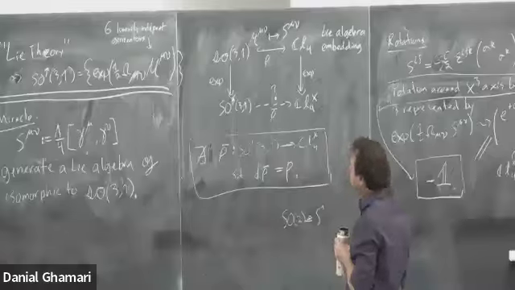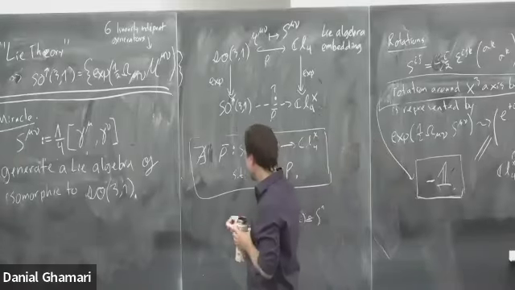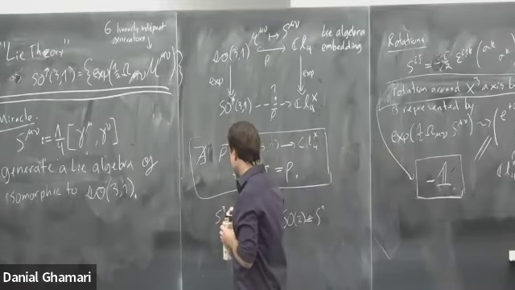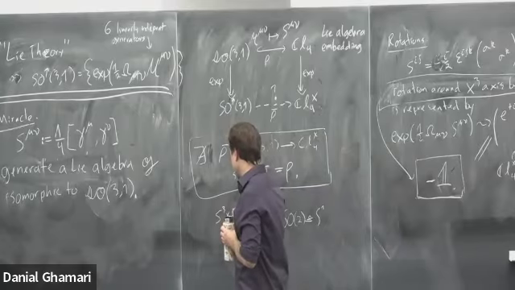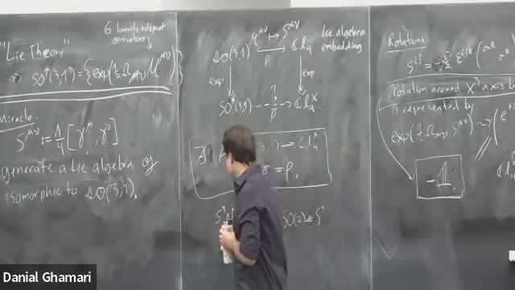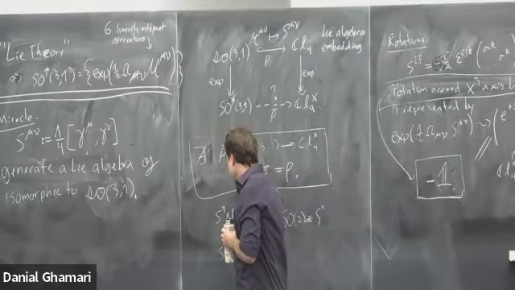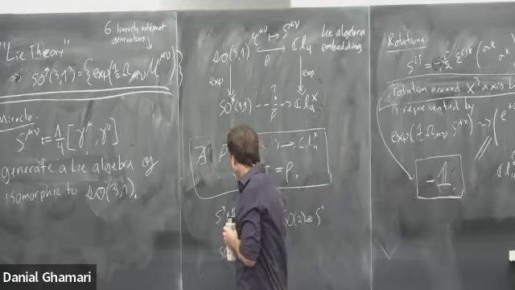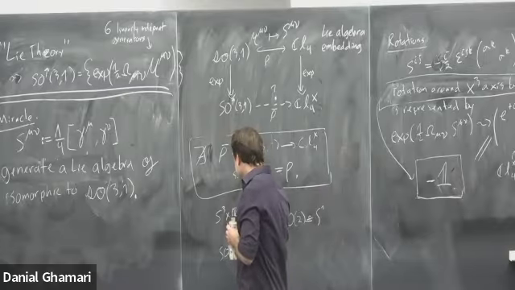You take SO3 and do that, maybe something like S3 cross R, and there's just some kind of weird double cover map. Exactly. I don't know if it's true or not. That's just my hunch. Yeah, I don't think so.